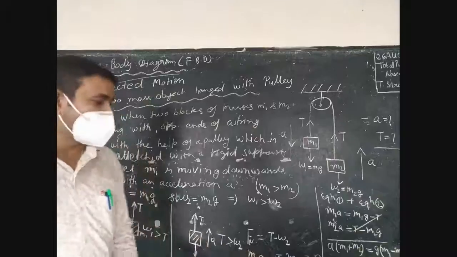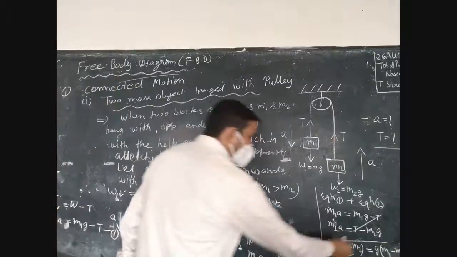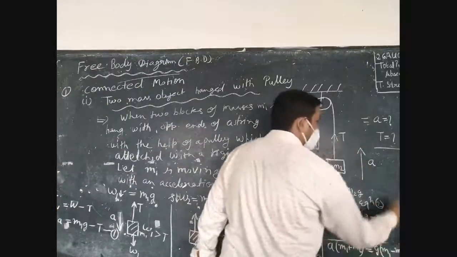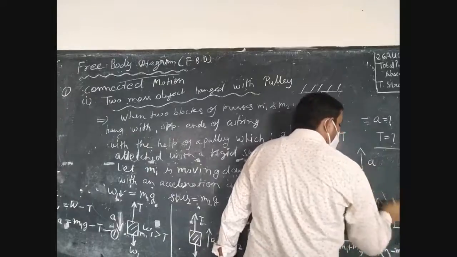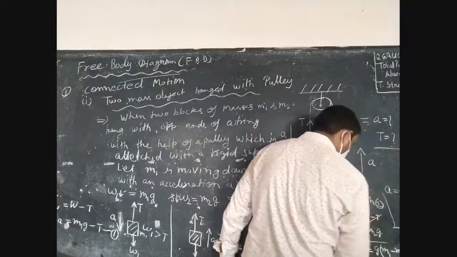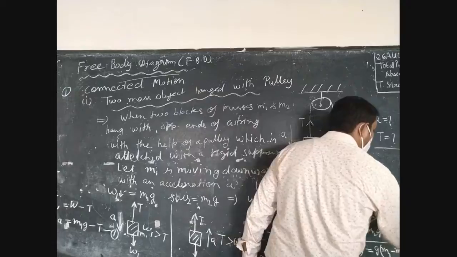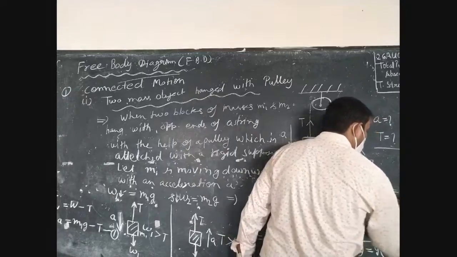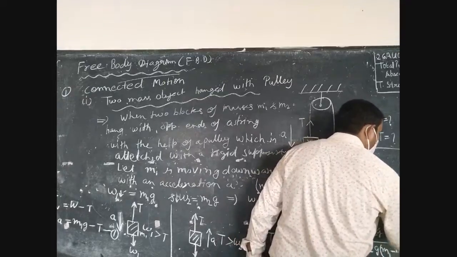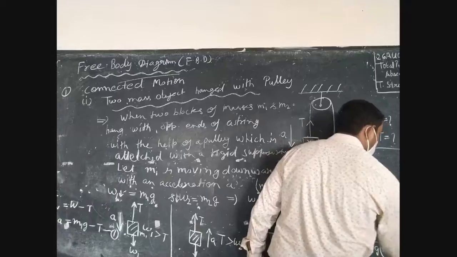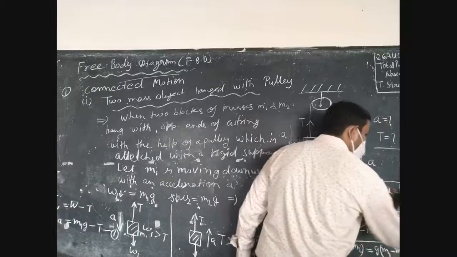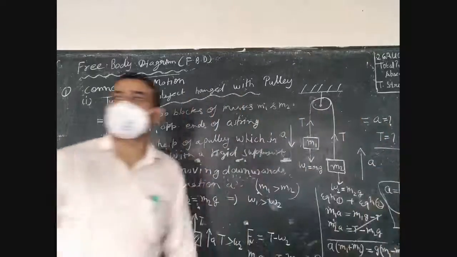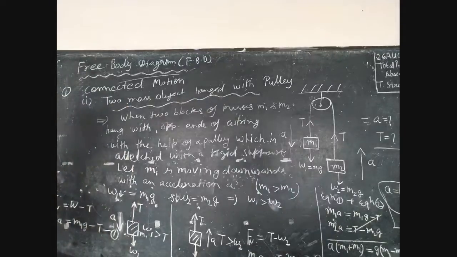Now calculate from here the acceleration that you will get. That acceleration is equal to (m1 minus m2) upon (m1 plus m2) times g. This is the acceleration appearing in both blocks when attached with the string.